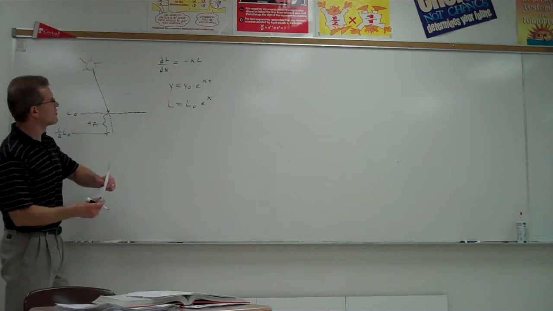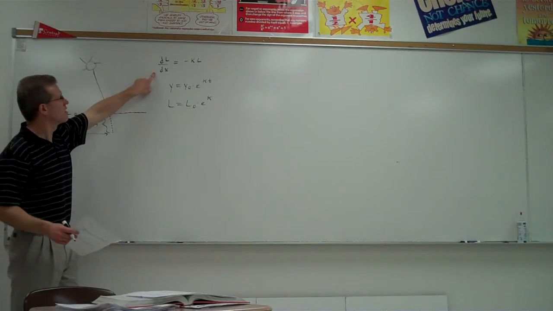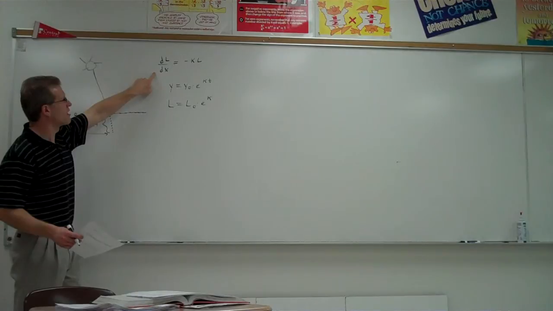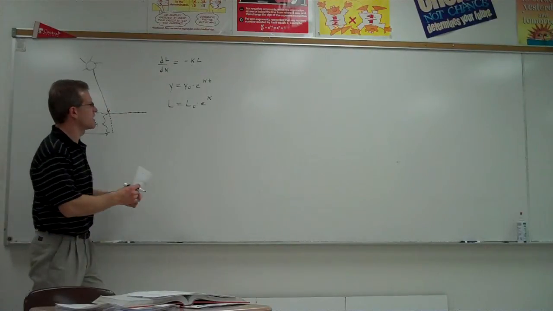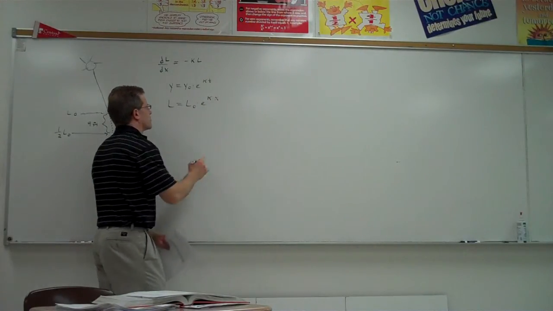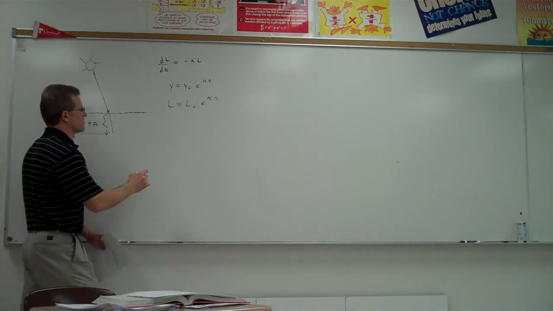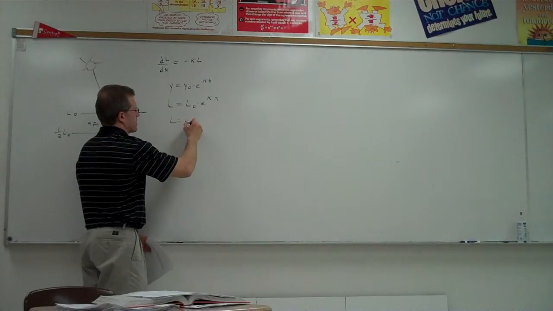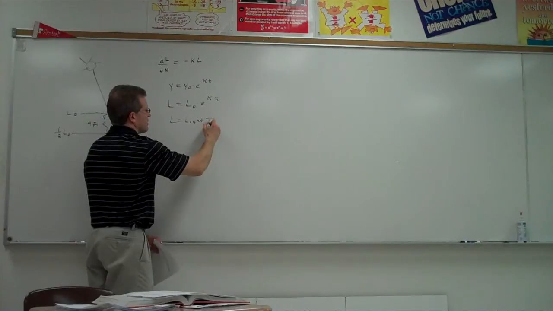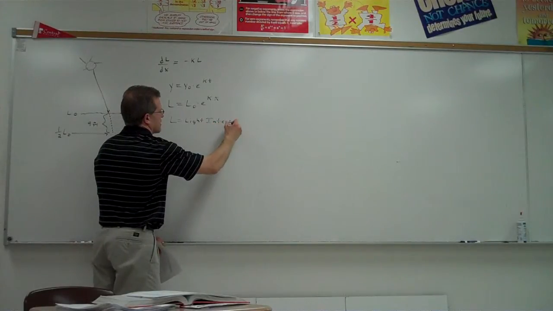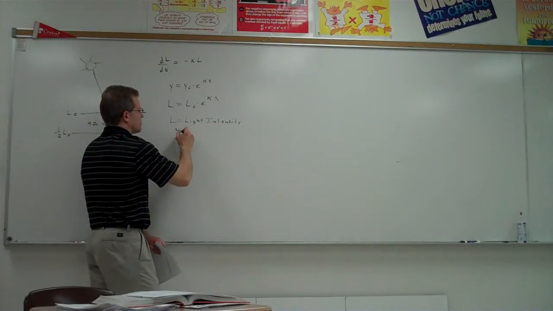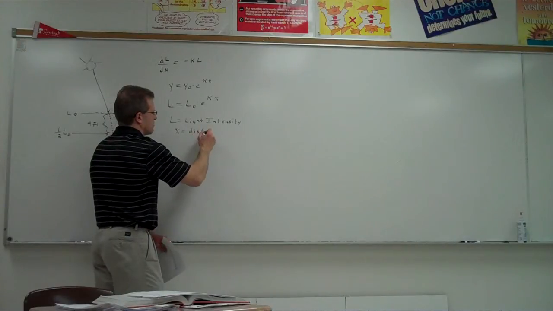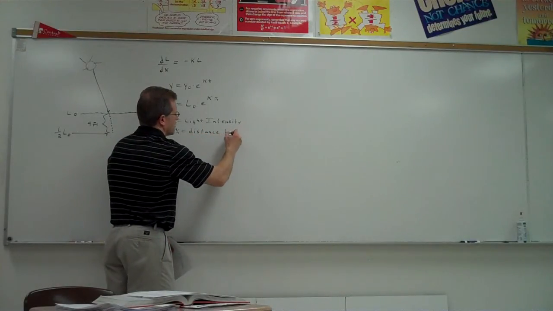Instead of t, though, what variable is being used up here? Well, L is in place of y. X. Instead of t, we're using x. So L is the light intensity, and x equals the distance below the surface of the water.